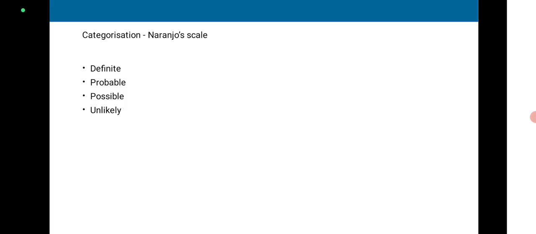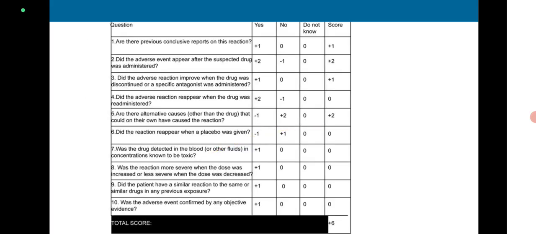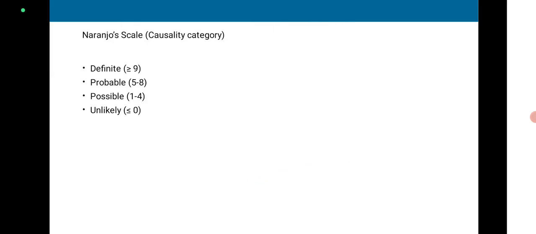The Naranjo scale classifies ADRs into 4 different categories: definite, probable, possible, and unlikely. The Naranjo scale uses a questionnaire where we answer each question regarding the event and assign marks according to the answers. We sum up the marks and classify the ADR into definite, probable, possible and unlikely.